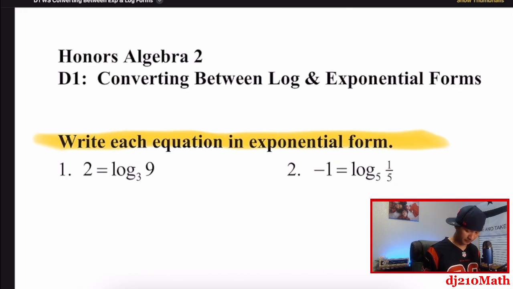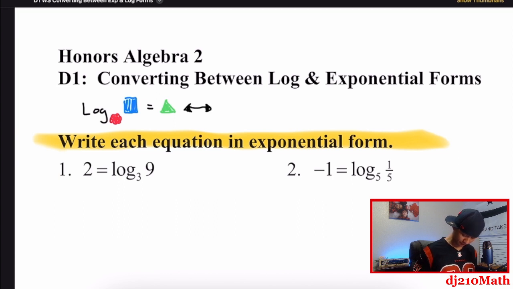So if I have log base whatever this is equals, I can go between the base raised to the exponent, and this will equal whatever the argument is.